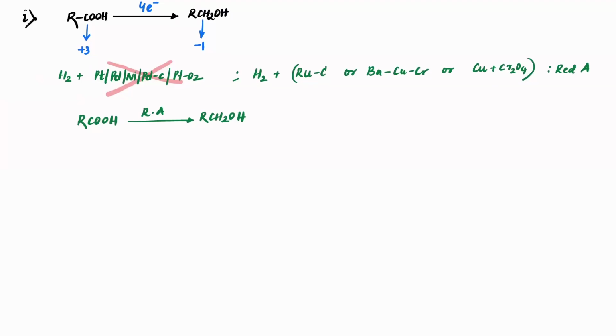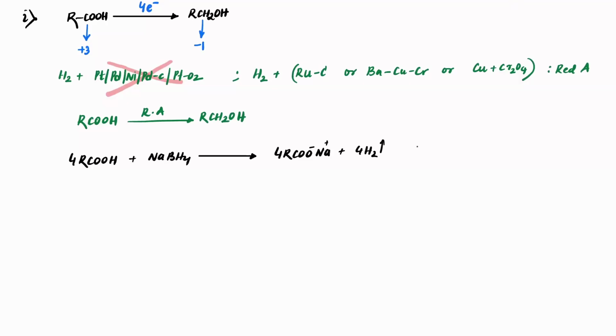Second reaction where carboxylic acid can be used is if I take carboxylic acid and react with NaBH4. Now simply first an acid base reaction will take place and you'll get 4 moles of RCOO minus Na plus, and you will get 4 moles of H2 gas.